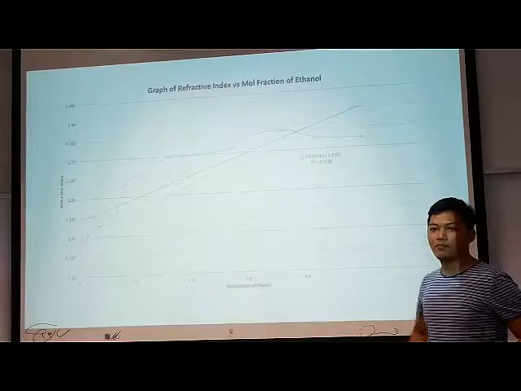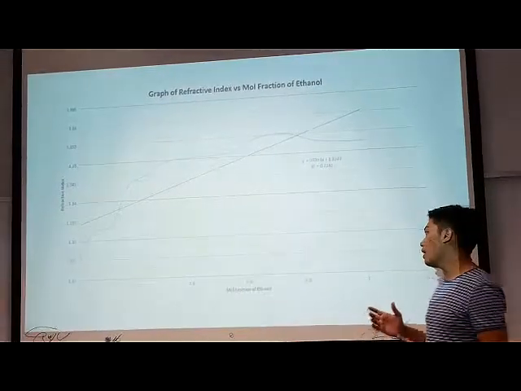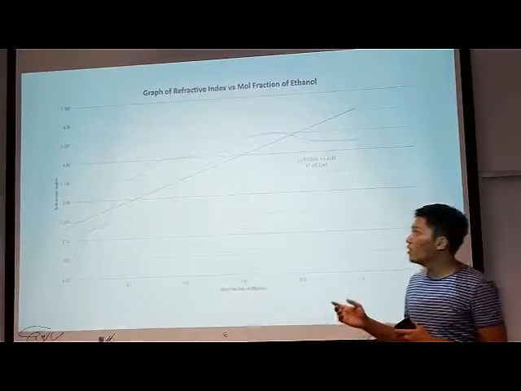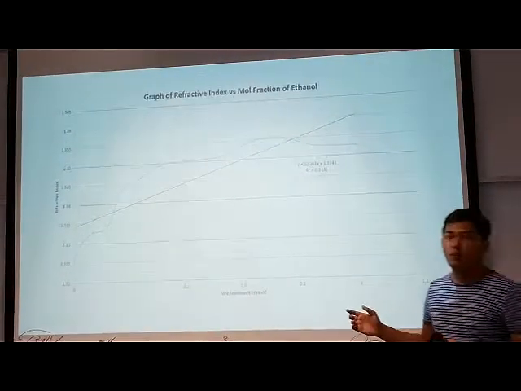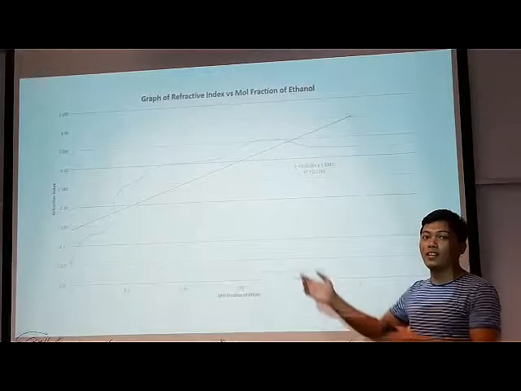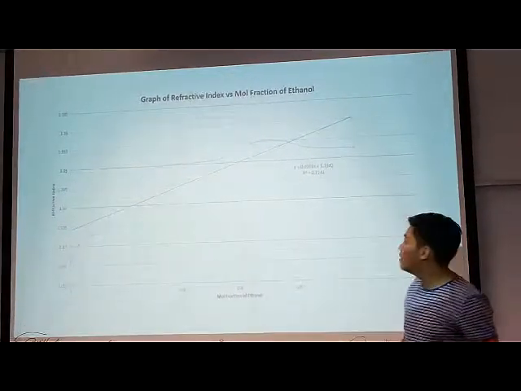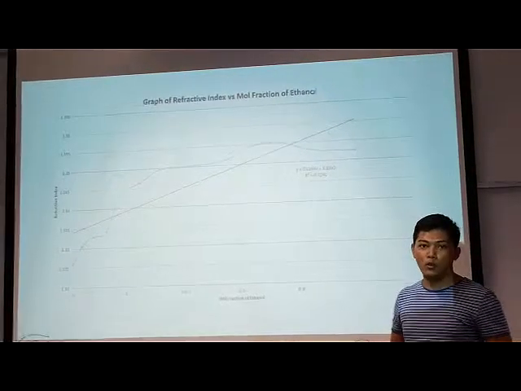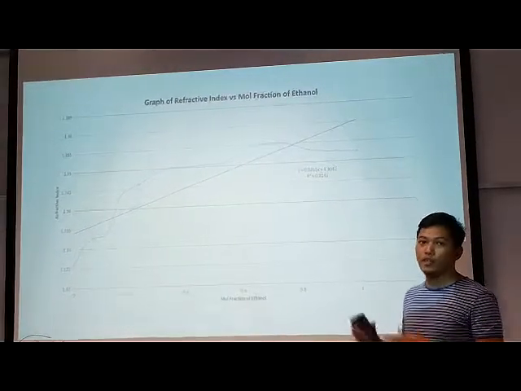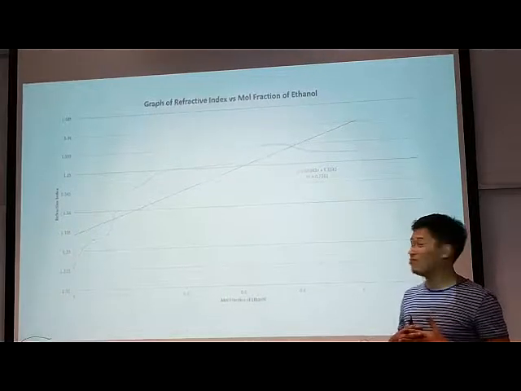With this graph, we make a linear fit and we get the equation y = 0.0261x + 1.3342, where y is the refractive index and x is the mole fraction of ethanol.